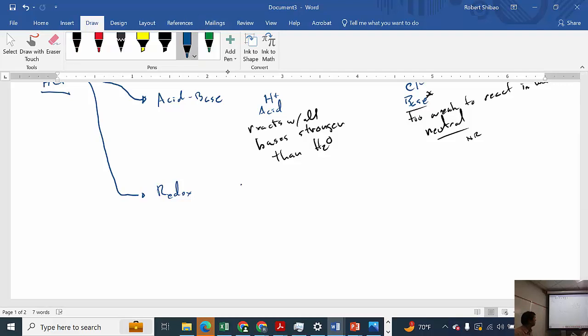So we're going to go to H plus in redox. H plus, is it on the left side of the chart or the right side of the chart?